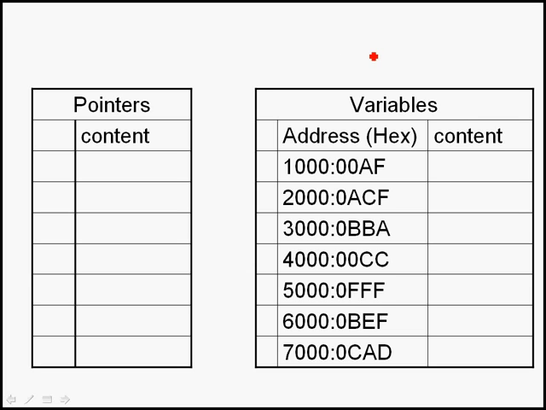Okay, let's take an example. int x. If I use this syntax, what will happen? We will put this variable here in our variables, like in our RAM. So what else? I'm going to use a new syntax: int star ptr1.